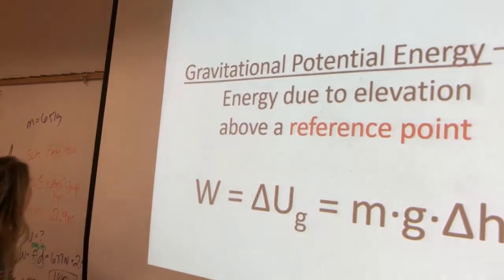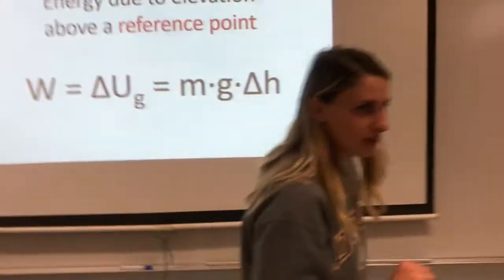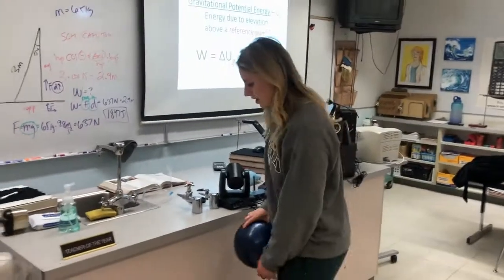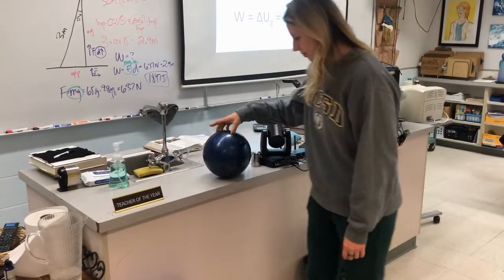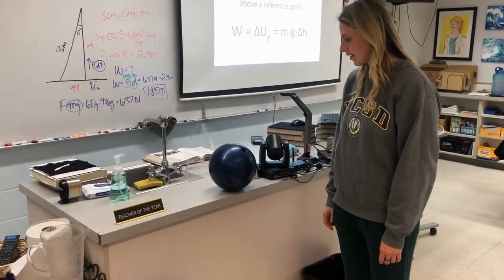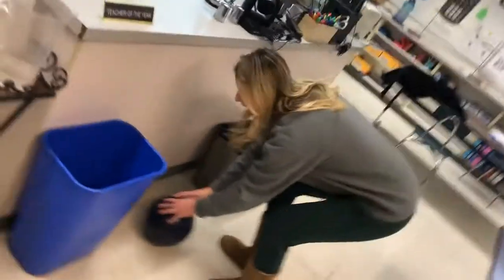What about this reference point thing? Okay, let's talk about that. I'll get the bowling ball right here. Your reference point is what you're going to make 0. If I set my bowling ball up top, and I let go of it, it has UG at the top.